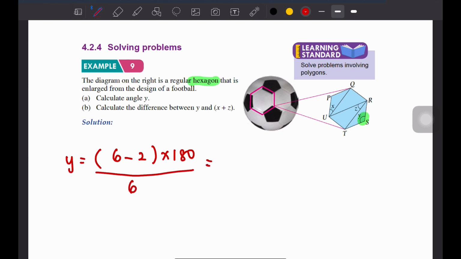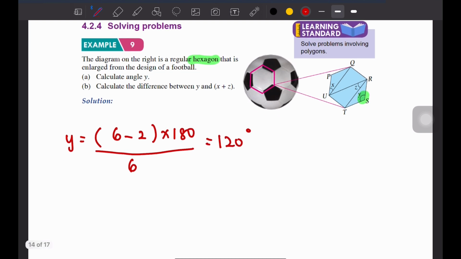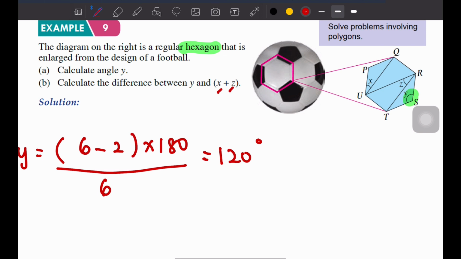Press your calculator, and you will get 120. So that's y. Next, calculate the difference between y and x plus z. First you need to add these two values, and then y minus (x plus z).